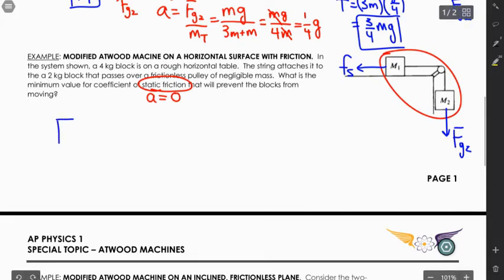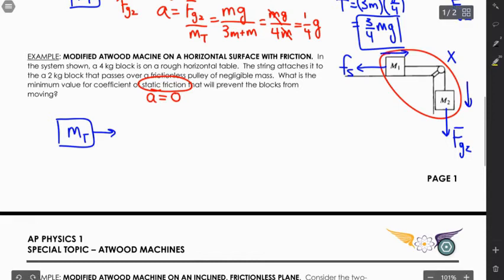So what does our free body diagram look like? We have a total mass. We're moving in which direction? Horizontal. So we have positive, because if I were to move, friction would be like this.